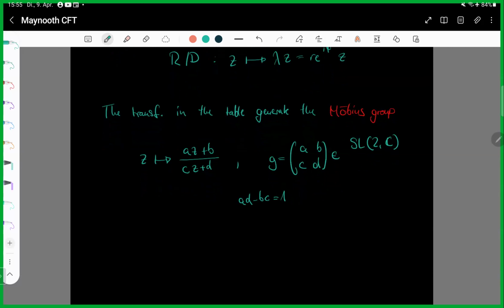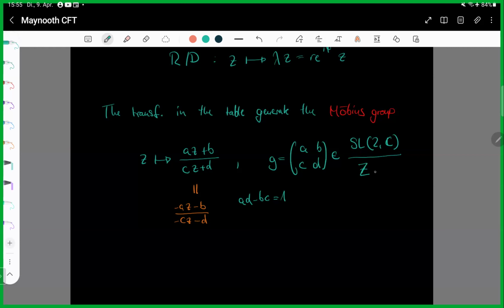And actually, when you look at this, we see that if we take minus A z minus B over minus C z minus D, that equals the same because we can just factor out the negative sign. So when I'm taking this group, I'm overcounting, and in order to get rid of the overcounting, I can just mod out.